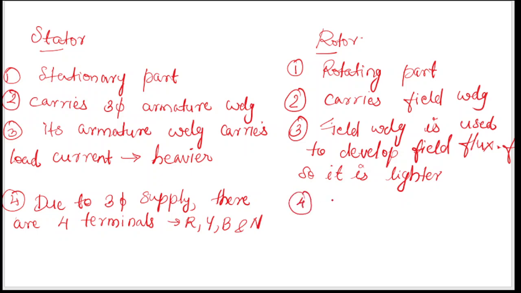Now in the case of rotor, we are giving DC supply, so there will be only two terminals due to DC supply. Now the last point. In the stator, AC supply is required because it carries a three-phase armature winding.